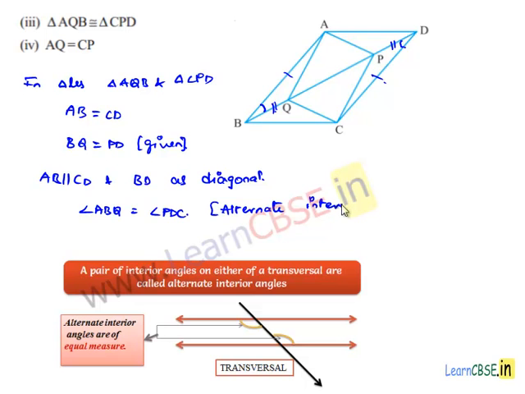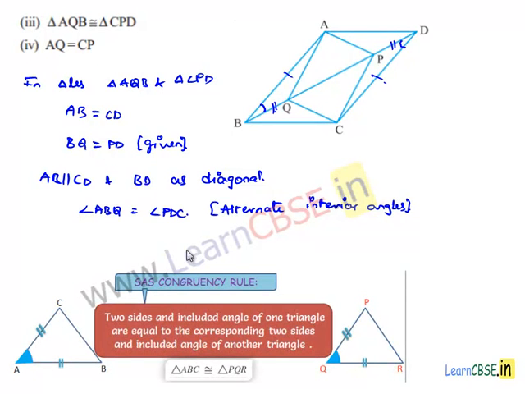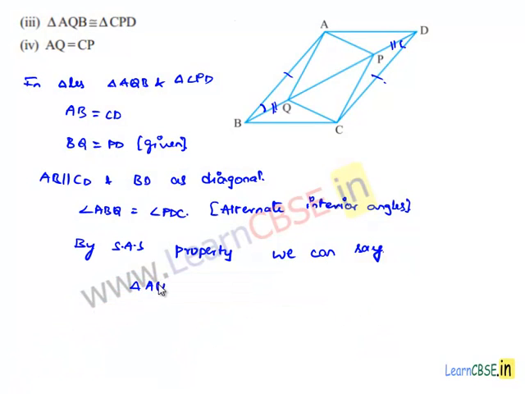Now, the two corresponding sides and the included angle of both the triangles are equal. Therefore, by SAS property, we can say triangle AQB is congruent to triangle CPD.